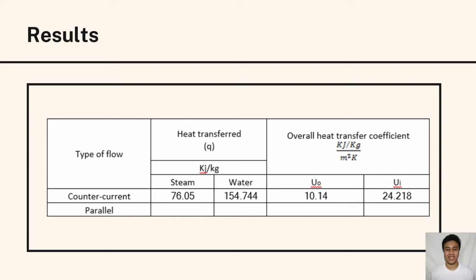And the outlet overall heat transfer coefficient is equal to 10.14 kilojoules per kilogram per square meter Kelvin. And the inlet overall heat transfer coefficient is equal to 24.218 kilojoules per kilogram square meter Kelvin. The values for the parallel flow heat exchanger are to be calculated, which is in our sheet work for later.